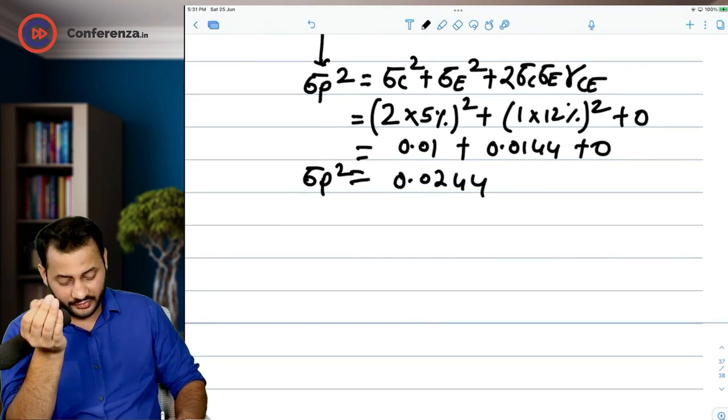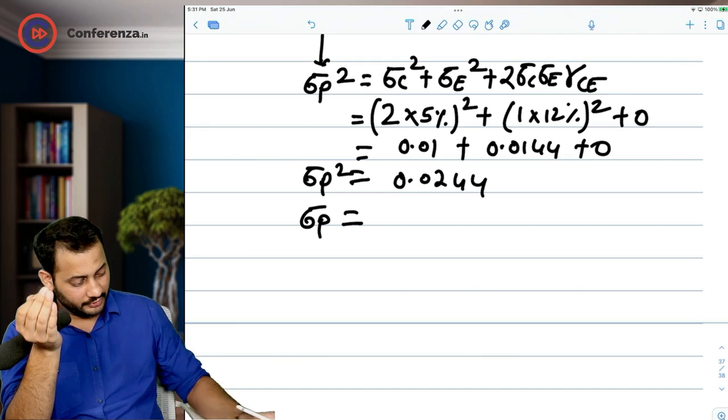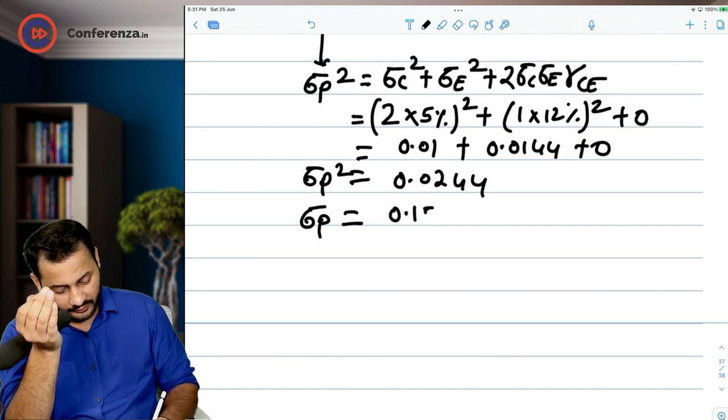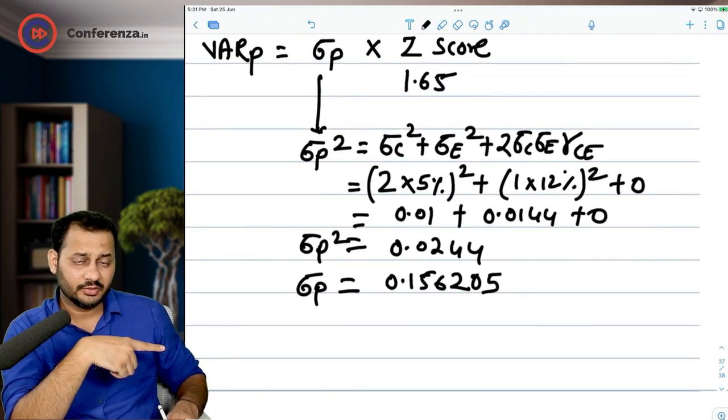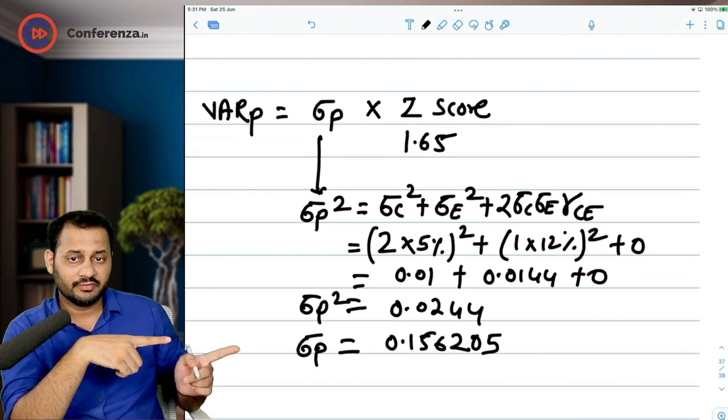This is the portfolio standard deviation squared. If we put a square root on this, we will get 0.156205 as the standard deviation of the portfolio. We are going to take this figure and put it here.